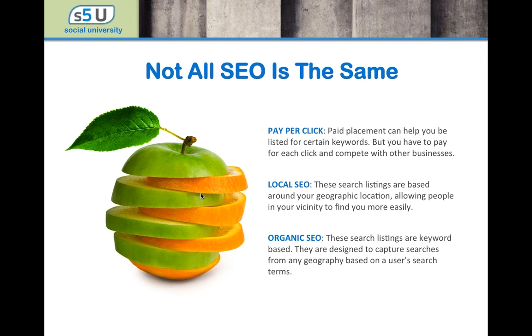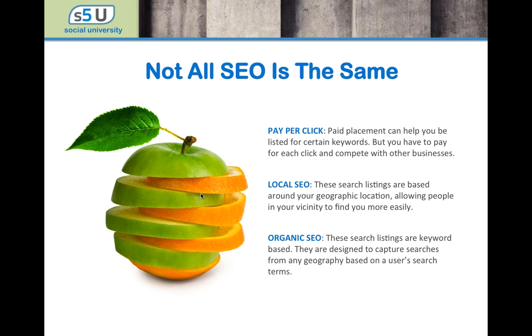The first one really is pay-per-click, and this is paid placement there at the top of Google or Yahoo or Bing, where you pay to have your brand show up when people search for certain keywords. So for us at Social 5, it may be SEO, social media content, social media marketing, or graphical design.